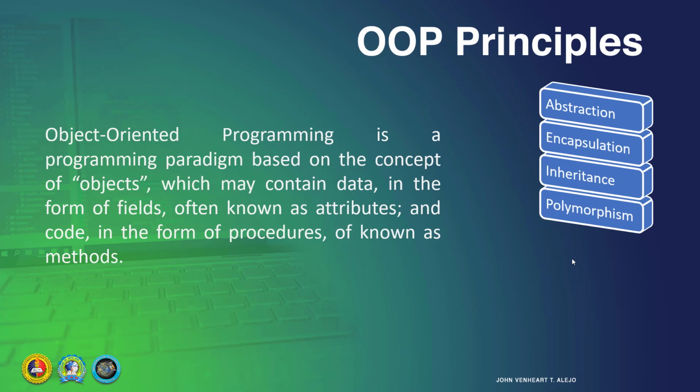When we say data, that is a characteristic or attribute or field. So these are the terminologies that we are jumping into. In the form of fields, often known as attributes. And code, in the form of procedures, known as methods.